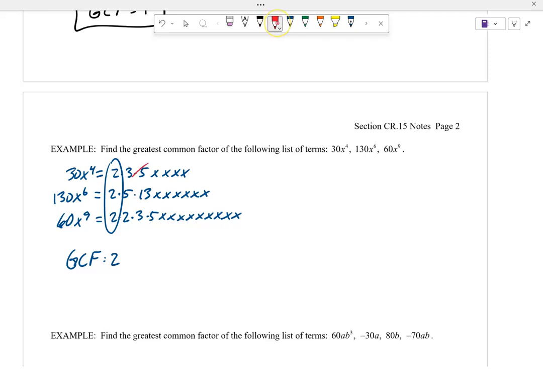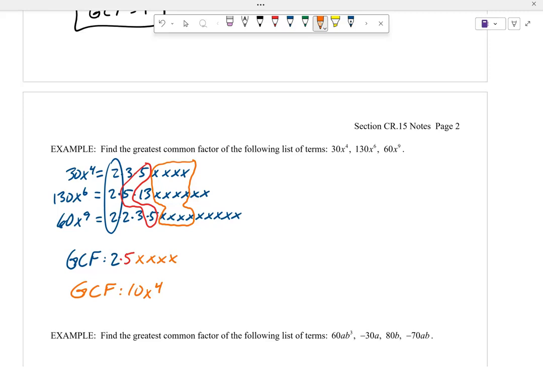It looks like they all have a 5. And then, how many x's at most do I have here? It looks like they all have at least 4 x's: 1, 2, 3, 4. So our GCF here would be 10x to the 4th.